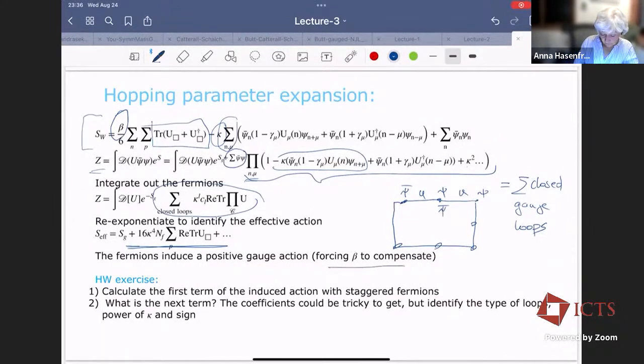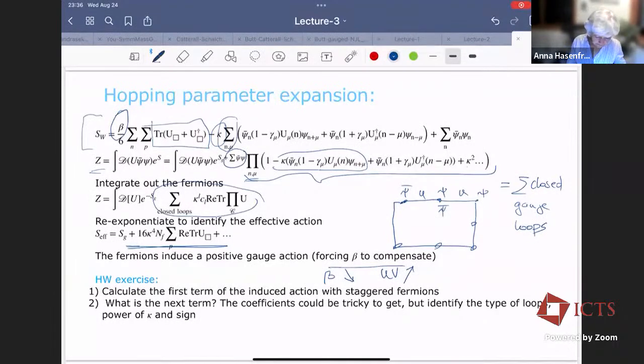That beta decrease will compensate for that. And that makes simulations quite difficult, because when beta decreases, UV fluctuations increase.